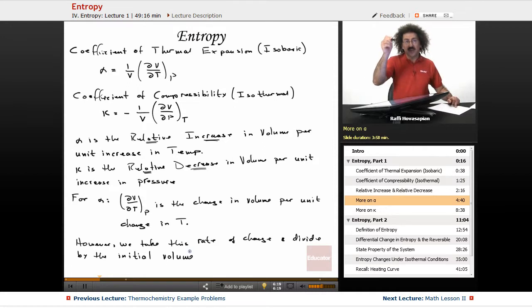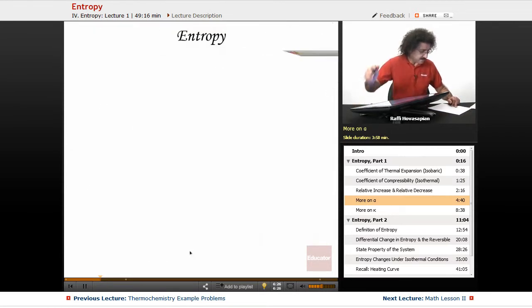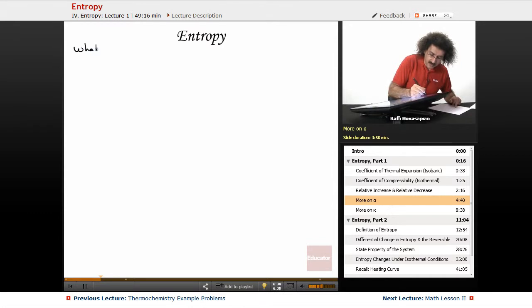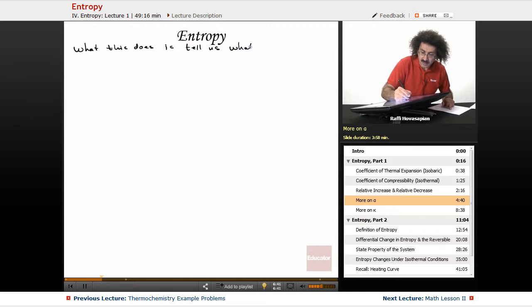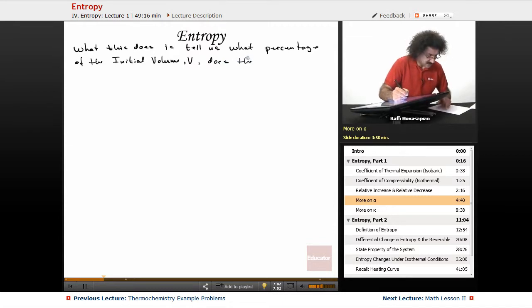Now, when we take the rate of change and when we divide by the initial volume that we start off with, what this does is tell us what percentage of the original volume, what percentage of the initial volume, V, does the change dV represent?